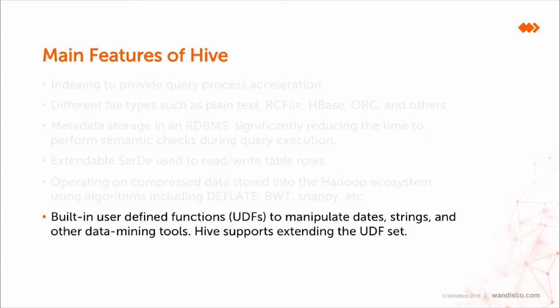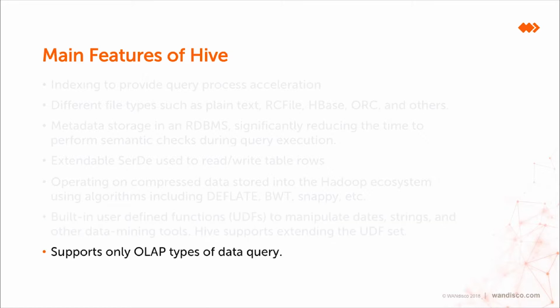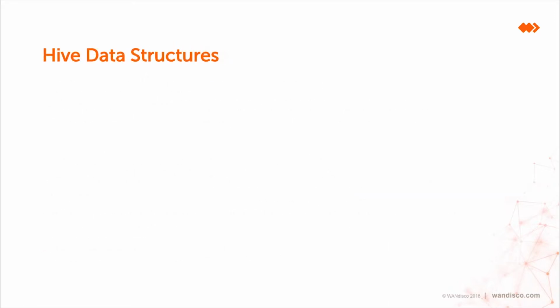The built-in user-defined functions can be used to manipulate date strings to support other data mining requirements. Hive supports extending the user-defined function set. Supports only OLAP type queries of data at this time. The Hive data structures.